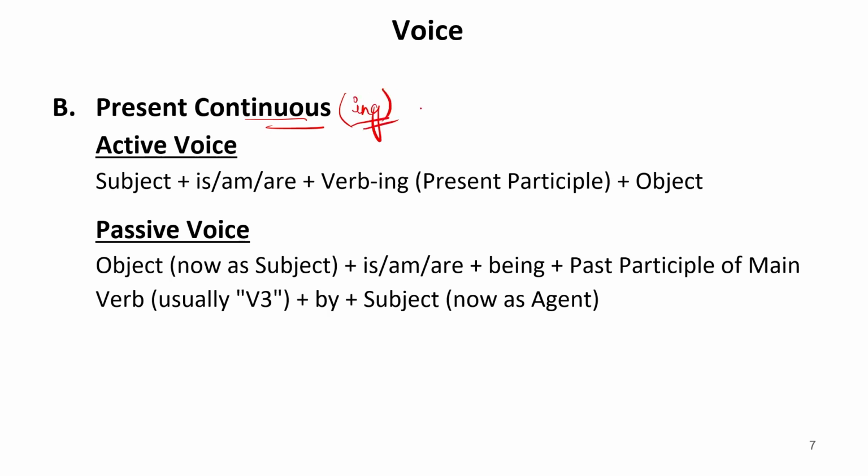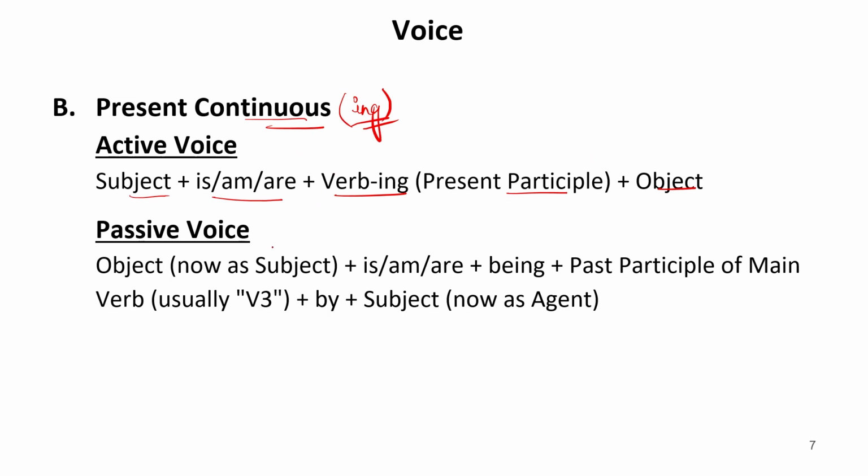In the active sentence, we need ing. Actually, it is the requirement of continuous tense. Now, if we write an active sentence, that is subject plus is/am/are plus verb with ing, that is the present participle, and then we have an object.